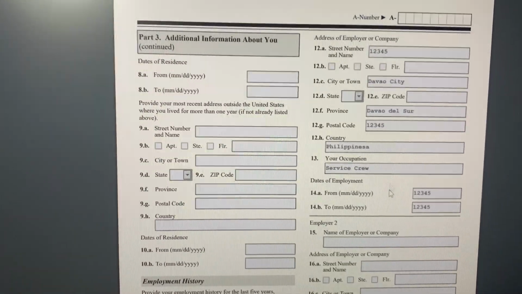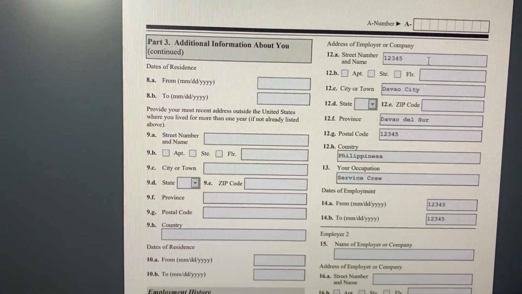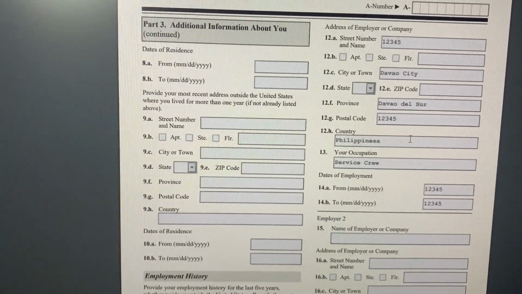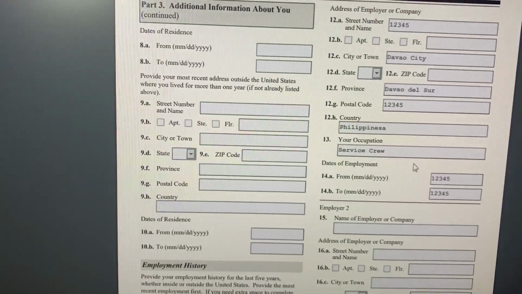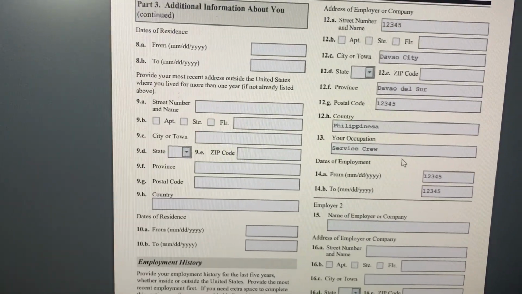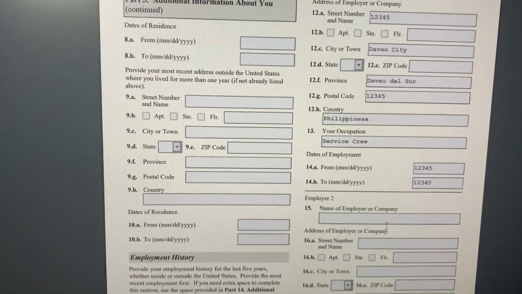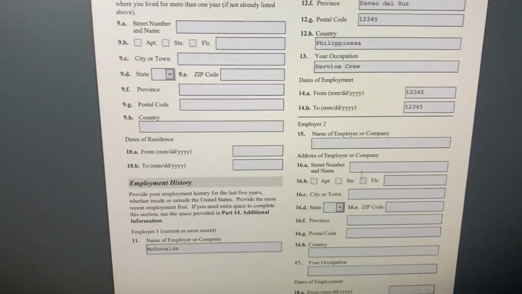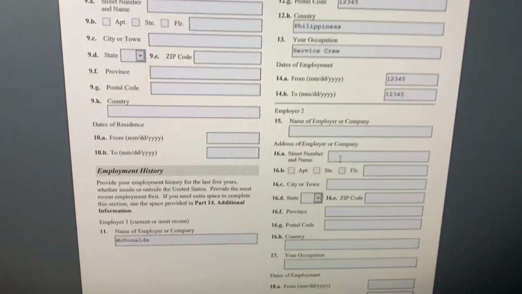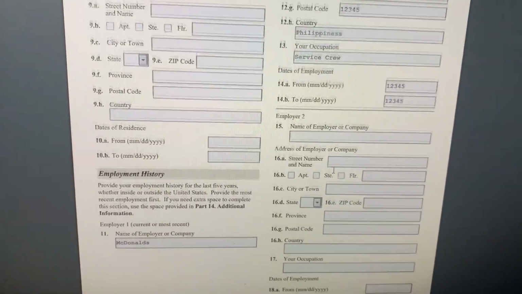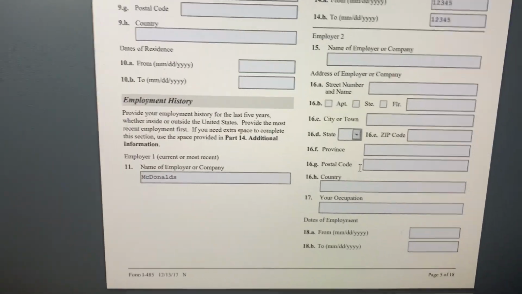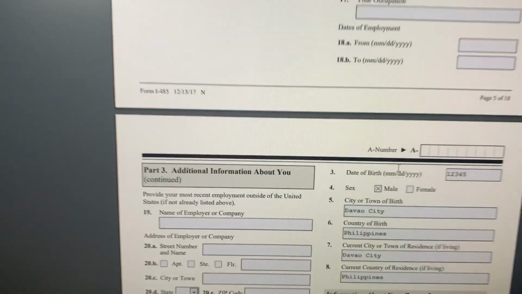Pretty much just put the address, the town or city, province, postal code, country, and your occupation or position. Another spot for employer number 2. This is literally just your work history, guys. So it's easy, don't be scared. It's really easy to fill this up.